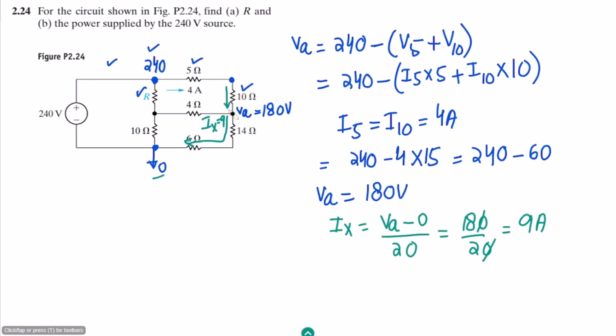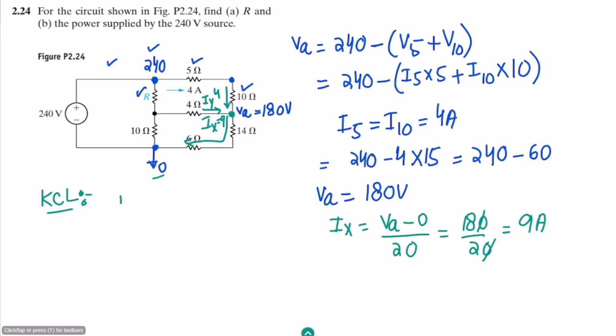The current which is coming towards this node is 4 amps, and this one is 9 amps. So this is also the current coming towards this node as well. If we apply KCL here, let me call this current IY.